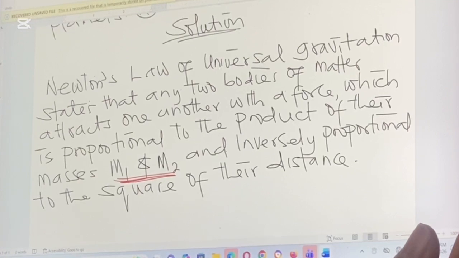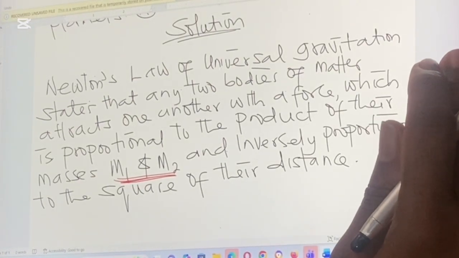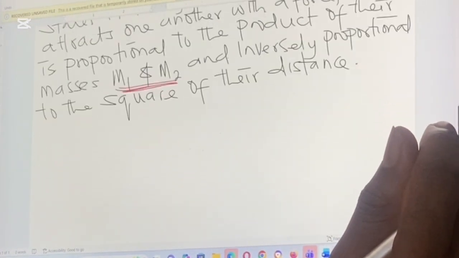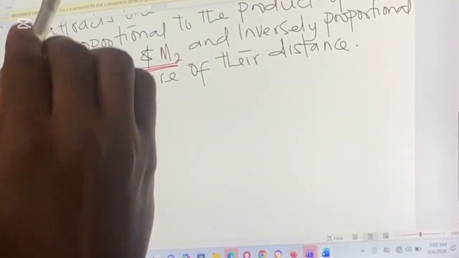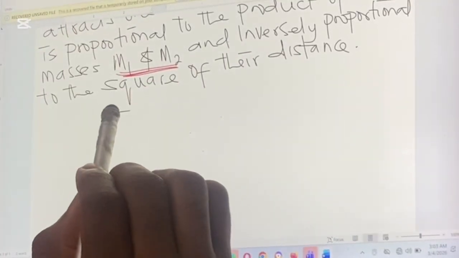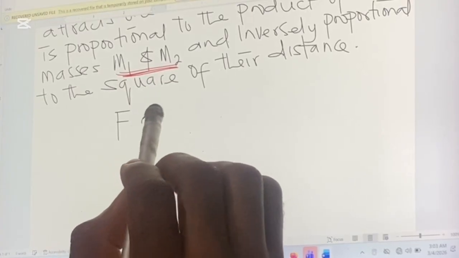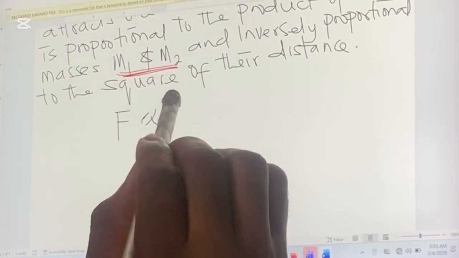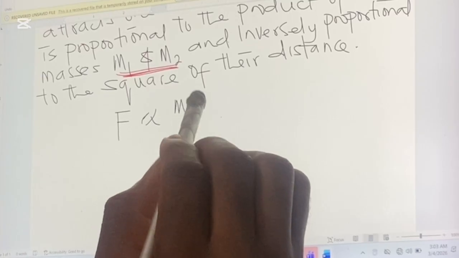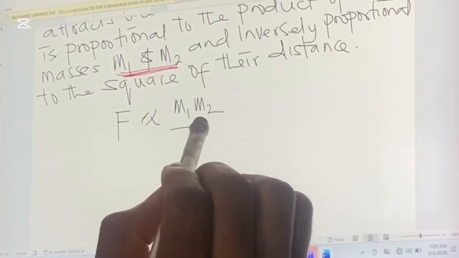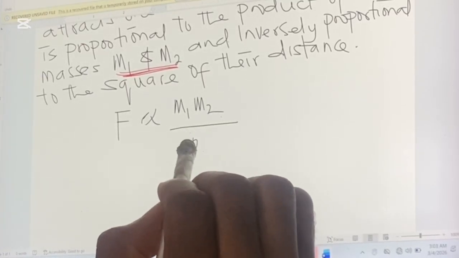Please take note. So writing the mathematical statement here, it means that F, that is force of gravity, is directly proportional to the product of the two masses m1, m2, and inversely proportional to the square of the distance.